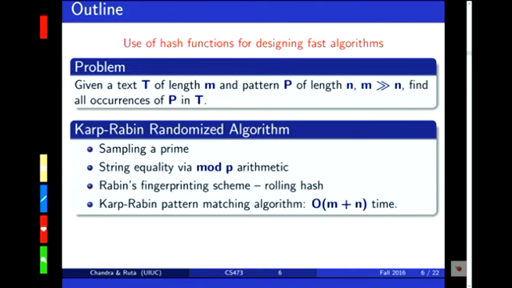Then we will talk about something called rolling hash, which is Rabin's fingerprint scheme. And then finally, using all these three, we'll design this algorithm, which will be order m plus n, under some assumptions, but those assumptions are fine for all practical purposes.